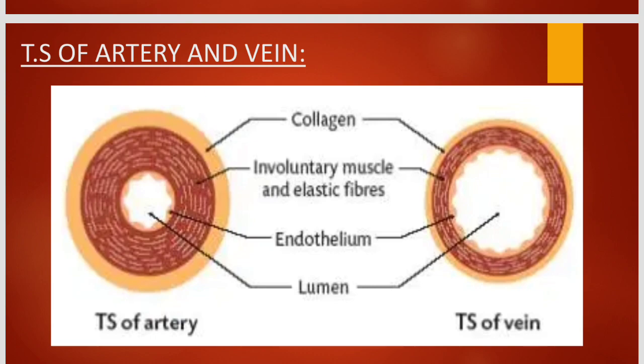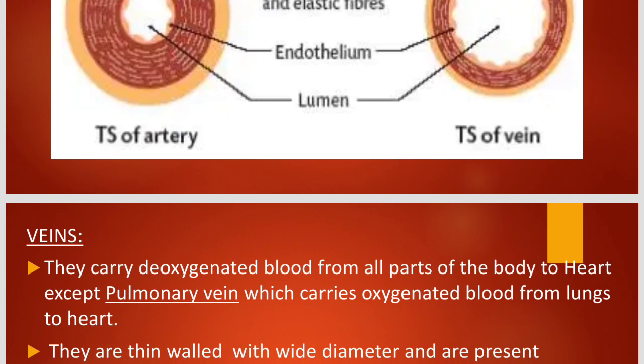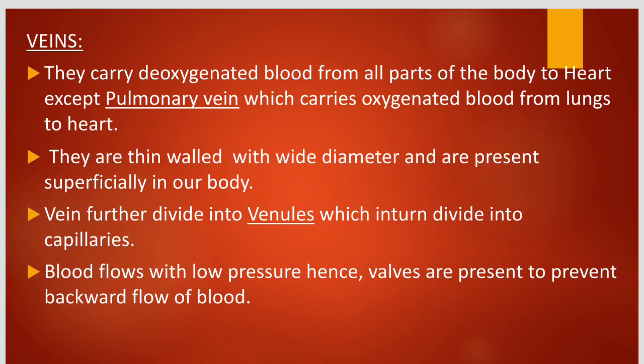Now let us see the features of veins, that is, the tiers of a vein. Veins carry the deoxygenated blood from all parts of the body to the heart, except the pulmonary vein, which carries oxygenated blood from the lungs to the heart. Veins are thin-walled with wide diameter.